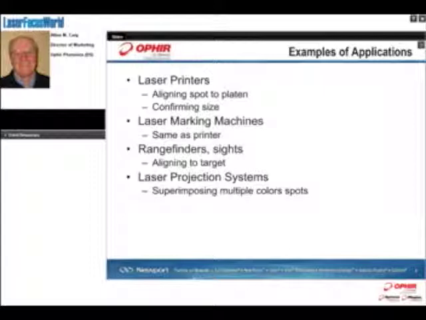Another example would be laser projection systems, and here you're needing to superimpose multiple spots on the same place so that laser projection can give you the colors that you need to show the pictures. So those are examples of what I mean by an aligned optical system. There are certainly many more, and we'll talk about some more as we get into some of these other applications.